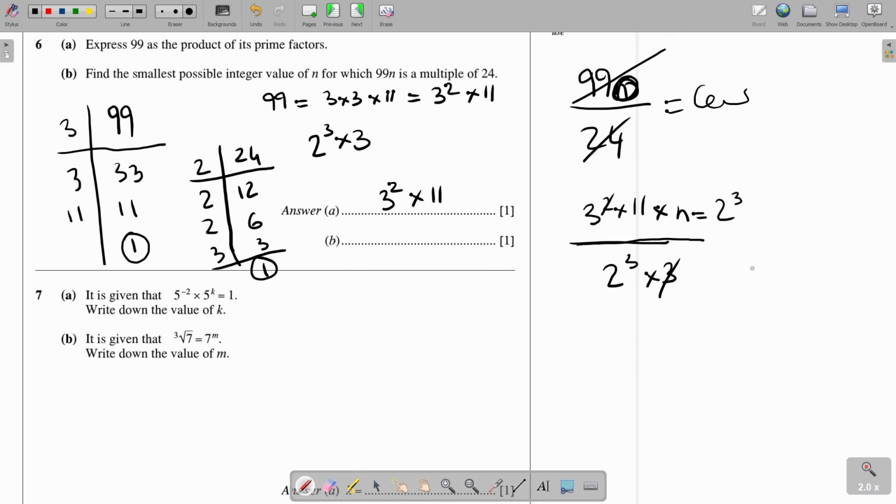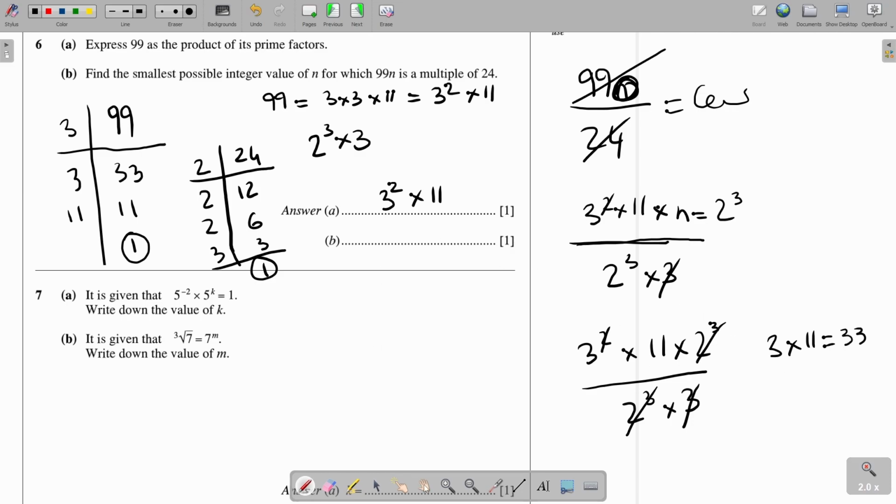If we make n 2 to the power of 3, we would have 3 to the power of 2 multiplied by 11 multiplied by 2 to the power of 3, divided by 2 to the power of 3 multiplied by 3. So this 3 takes a power away from the other 3, so that becomes 3, and the 2 to the power of 3 cancels out, so the answer would be 3 into 11, which is 33.